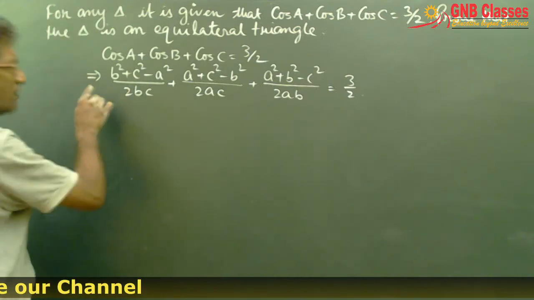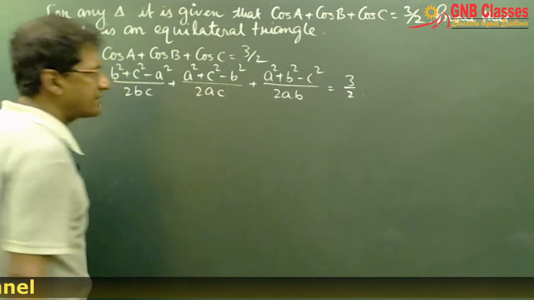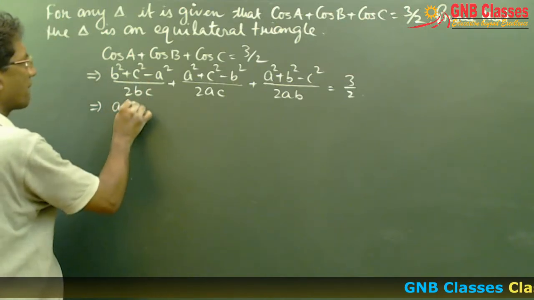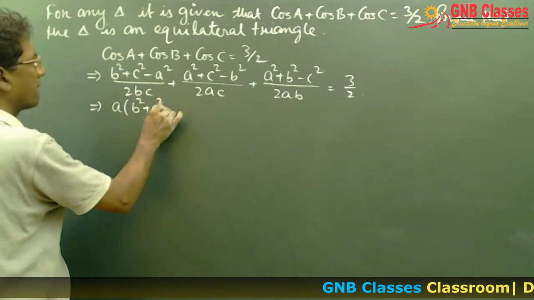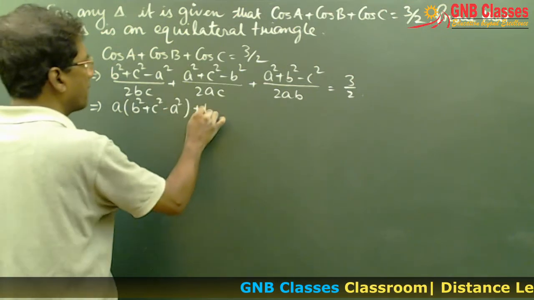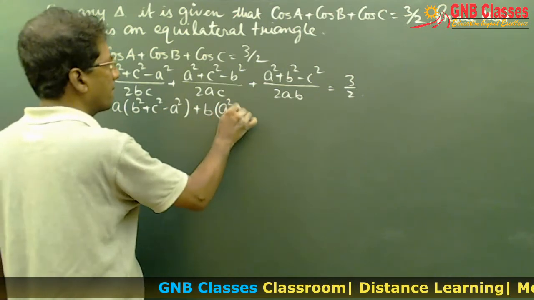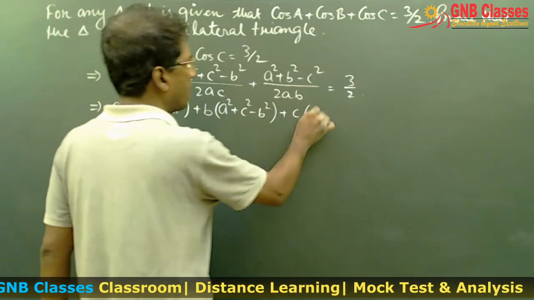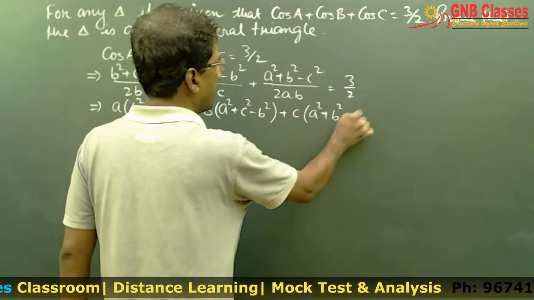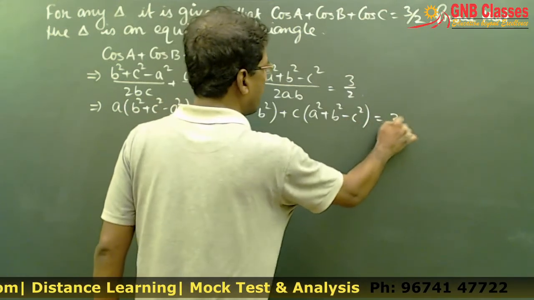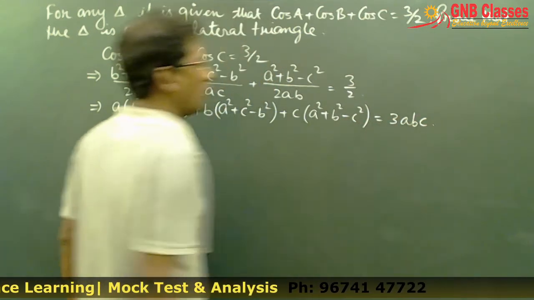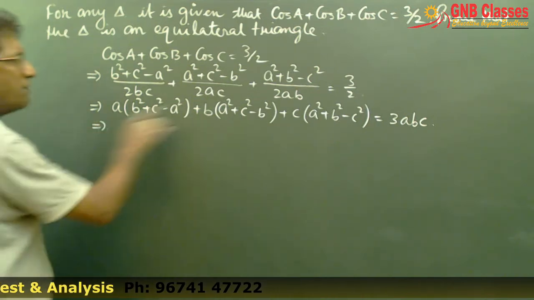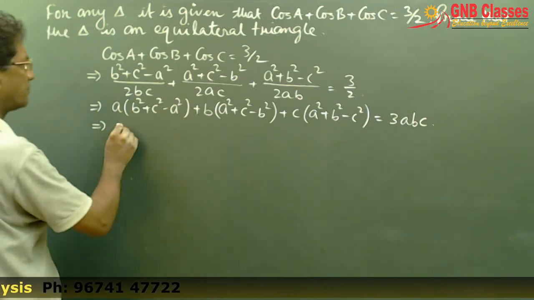So we are getting, after taking LCM and cancelling 2 from both sides, we are getting... Is it okay? Now, if I multiply, what we are going to get?